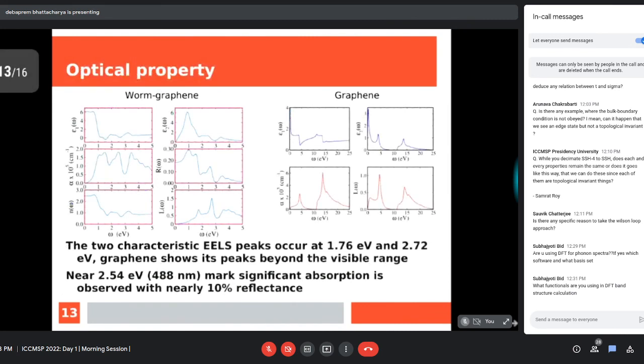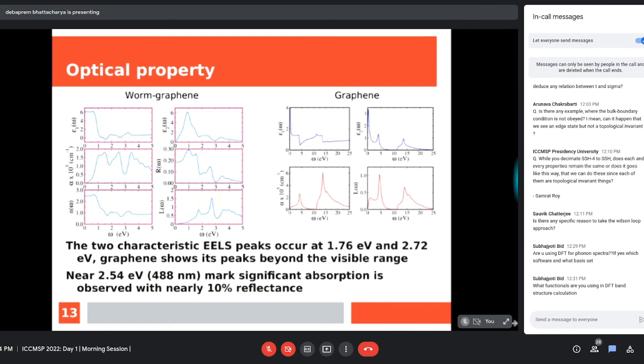We have also studied the optical properties of this material, and they are strikingly different from those of graphene. In the electron energy loss spectrum, we have seen two peaks at 1.76 electron volt and 2.72 electron volt. But for graphene, the peak is around 5 electron volt, which is beyond the visible range.